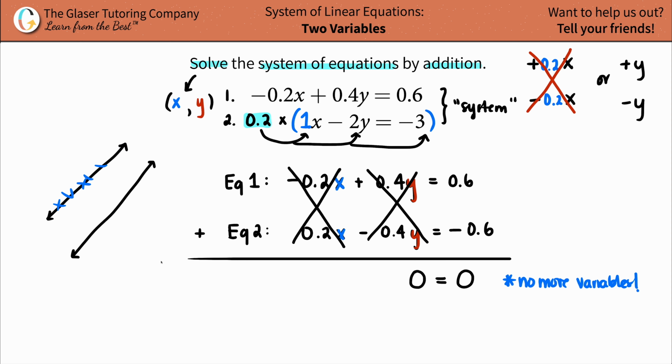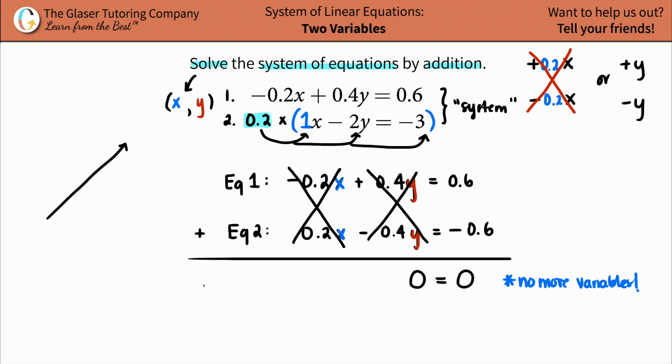They have no point that exists between them. But on the flip side, maybe they're the same line. And if I redraw another one over it, here's the other line in red, they would have an infinite number of points. And that would be the solution.